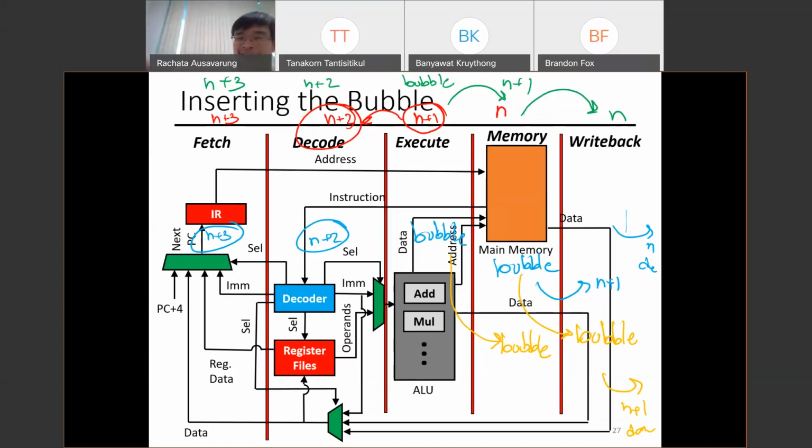So over here, is it safe to move n plus 2 to the execute? Yes, it's safe now because n plus 1 committed whatever it wants to write to the register file. So n plus 2 can move here, n plus 3 moves here, and over here is n plus 4. Basically, you stall n plus 2 until it's safe to move forward. All right.